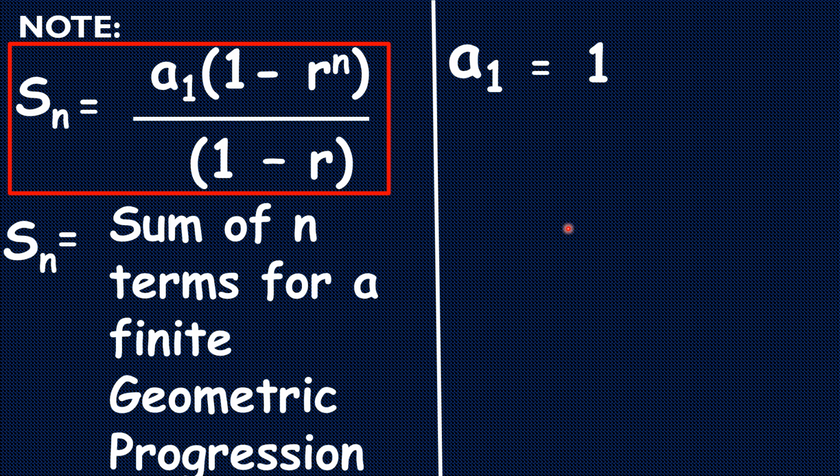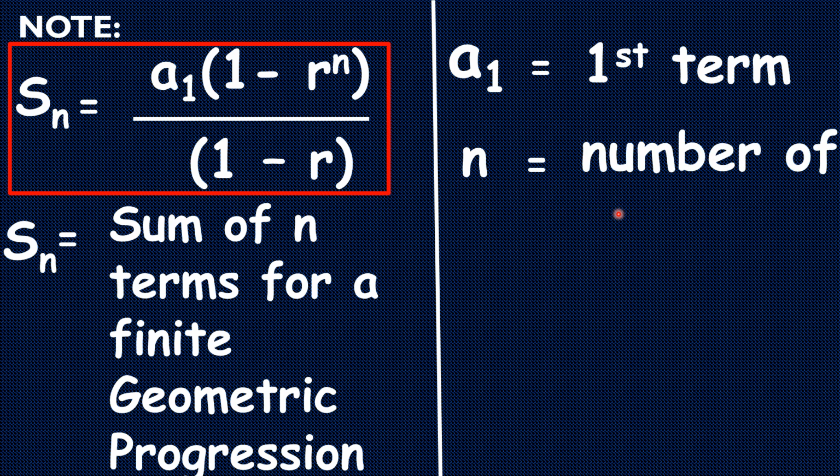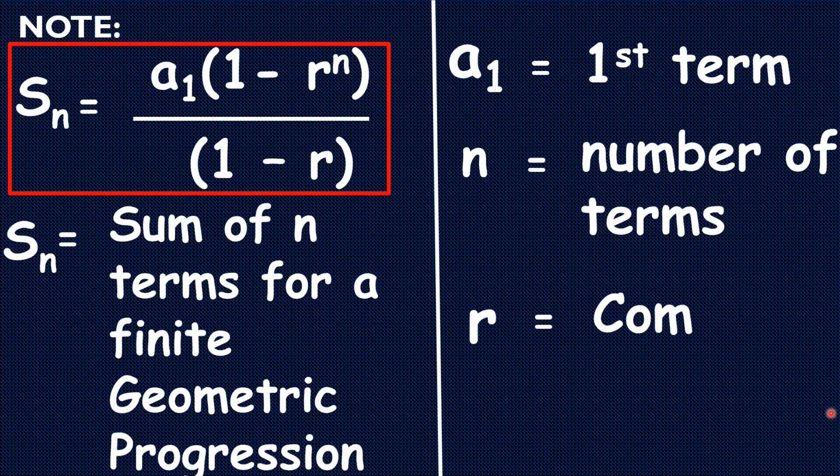So this is for a finite geometric progression where A1 is the first term. N is the number of terms we are considering to find the sum. So you may have a geometric progression and you want to find the first two terms or first three terms. If it's the first three terms, n will be equal to 3, and it will be S subscript 3.